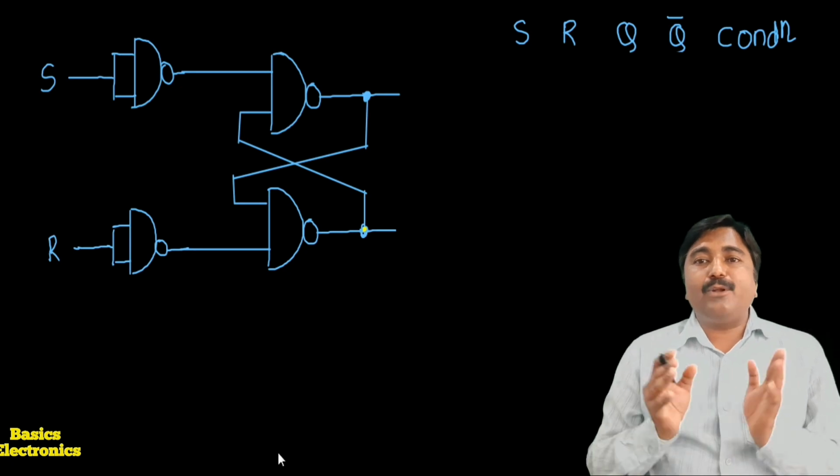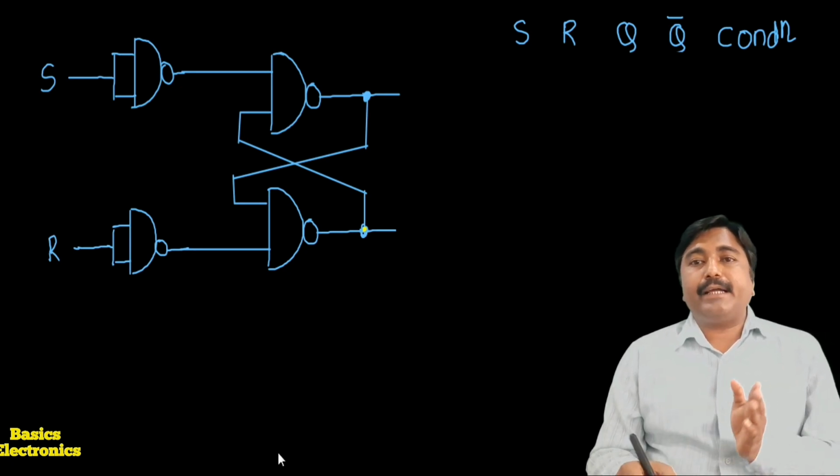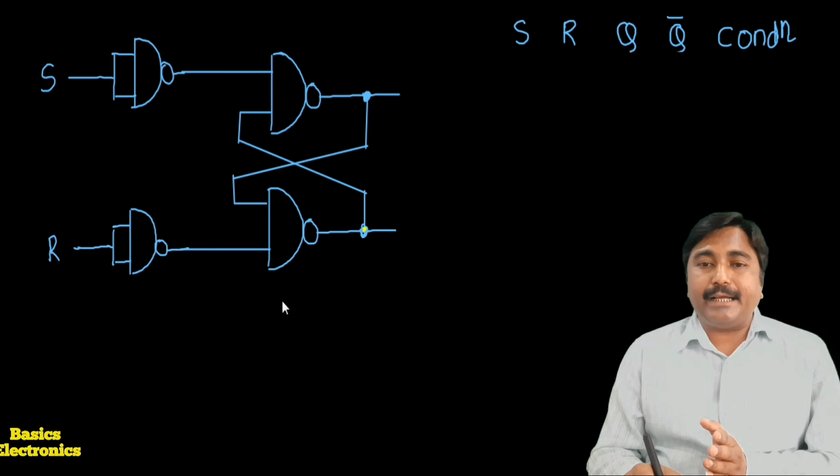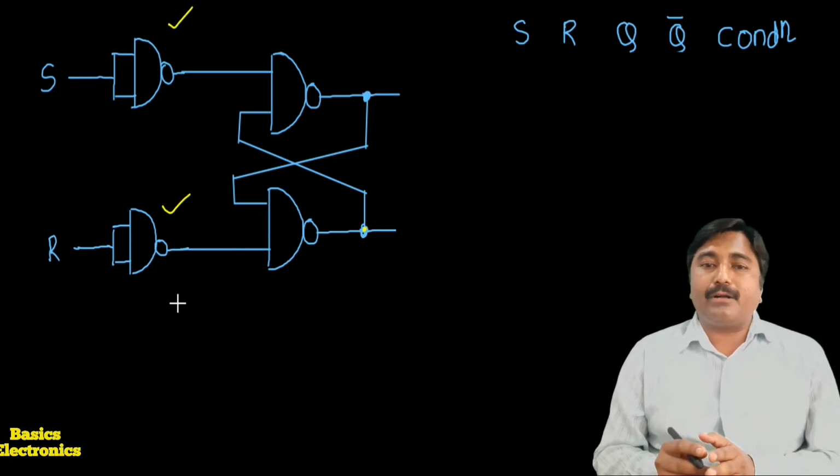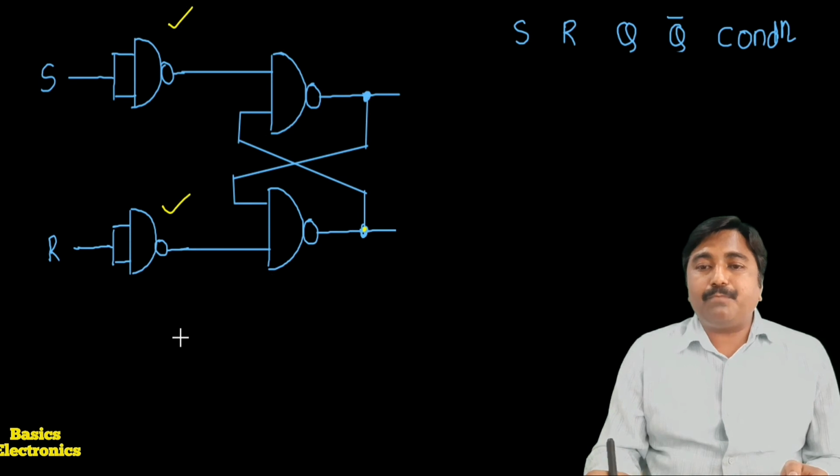So this is the logic diagram of the RS flip-flop using NAND gates, but here we applied two inverters, one inverter for the S input and one inverter for the R input. Here the outputs are the same.